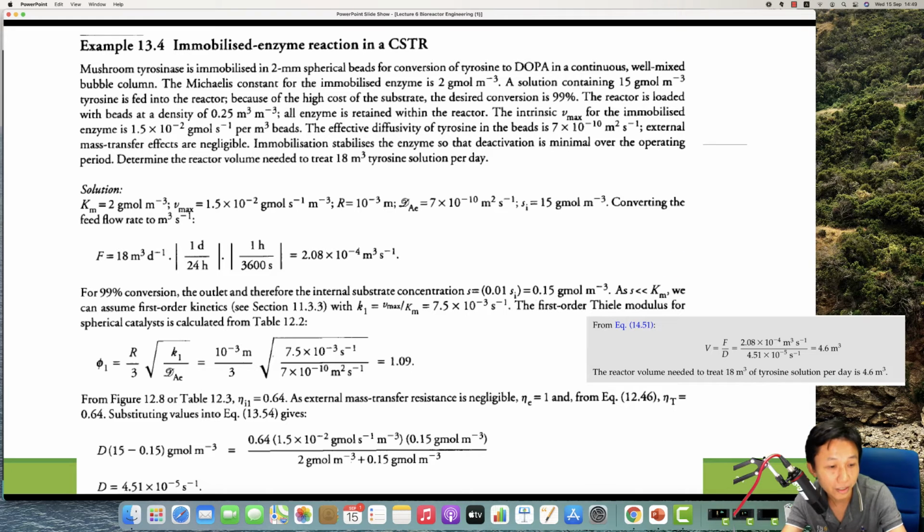Okay, and then we have the effectiveness factor here, and then we will put something here as well. So roughly for this example, you need to have this large a reactor, a bubble column.